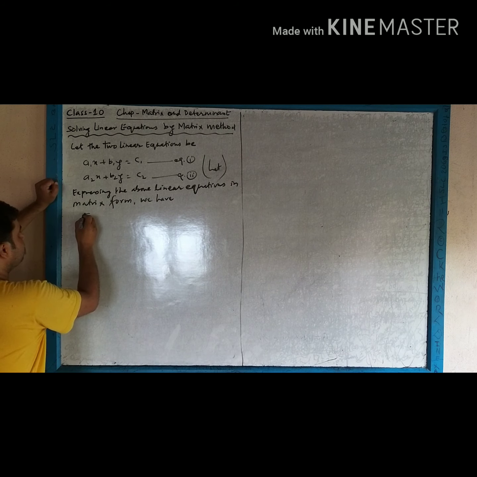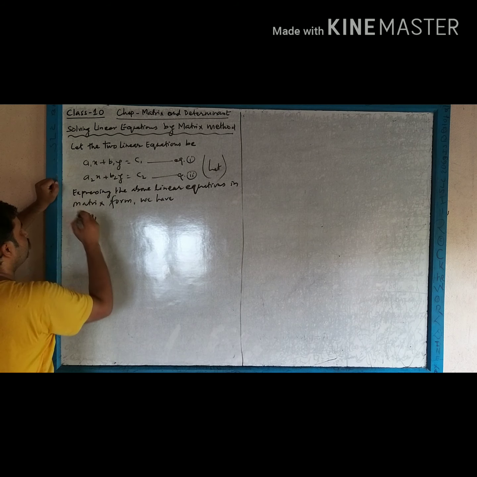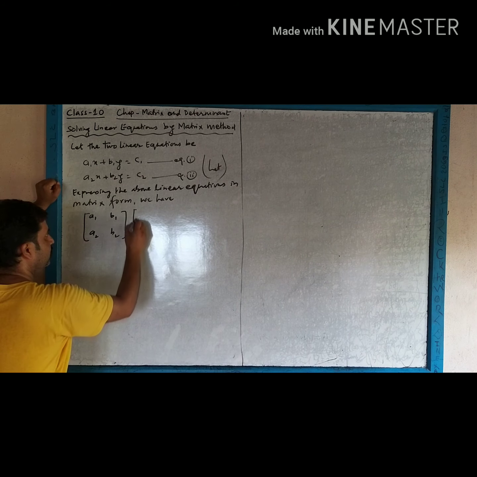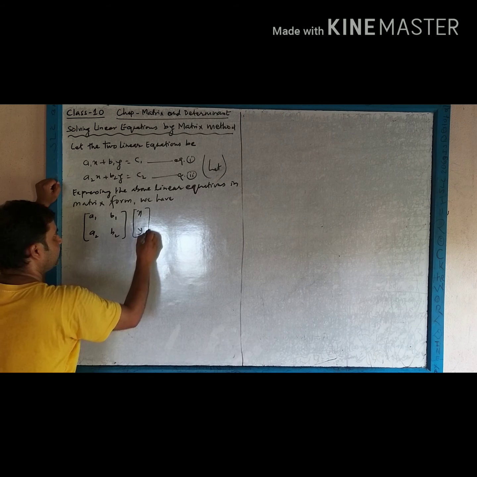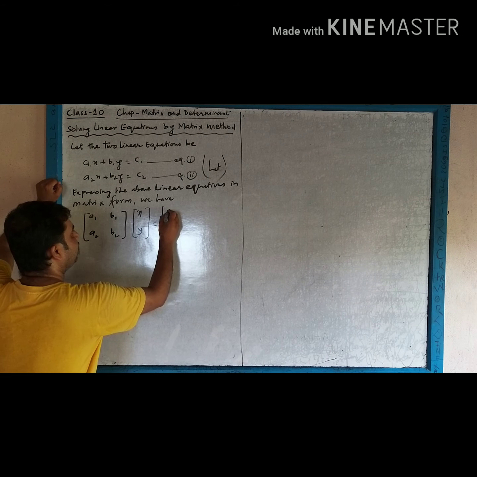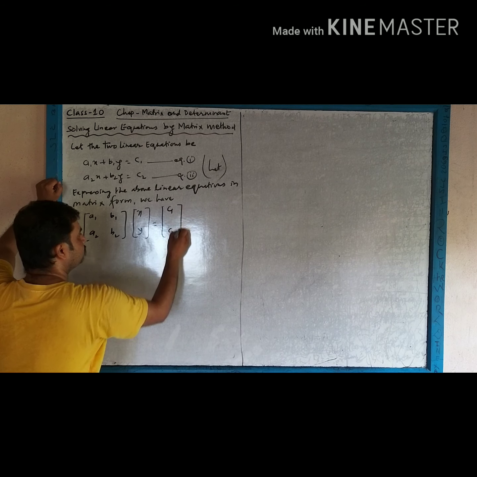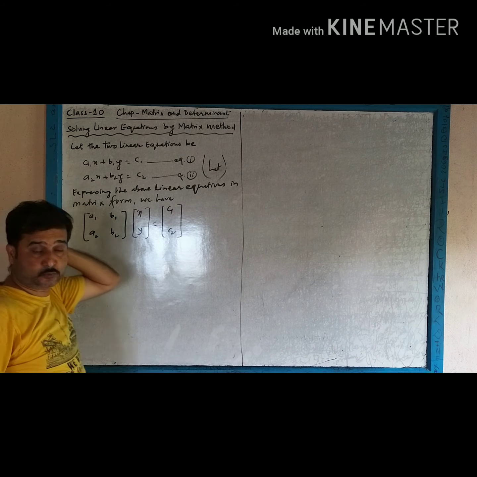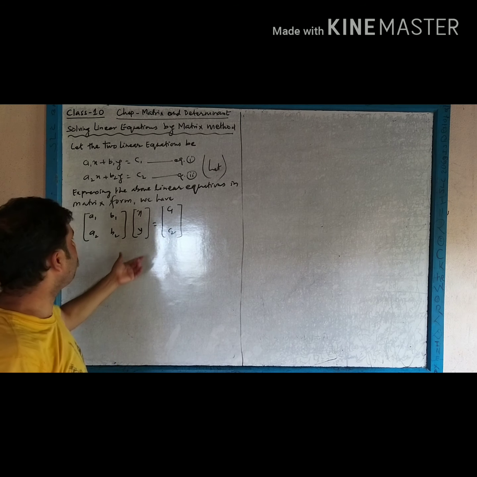After expressing in matrix form, we will get the coefficient matrix a1, a2, b1, b2, then x, y, and this c1 and this c2. If you express these two linear equations in matrix form, then it will come in this form.